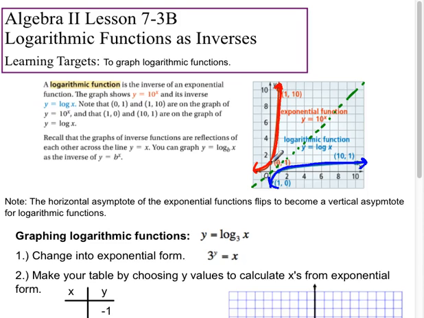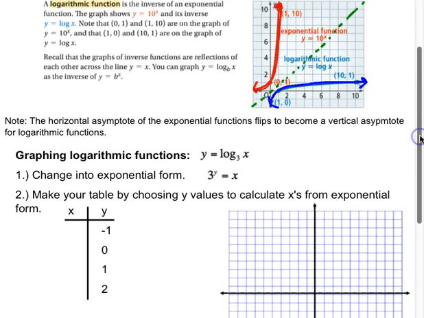Now, the big key to this is realizing how to rewrite that log as an exponential function, because you guys are probably much happier thinking about exponents than logarithms. So, if I give you this and tell you to graph it, y equals log base 3 of x, remember Mr. Loopy from the previous notes.